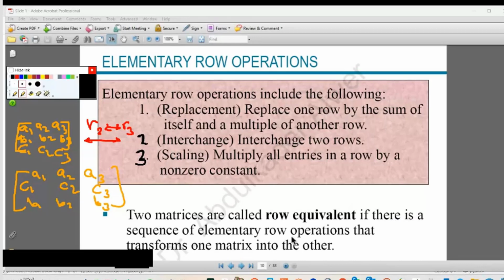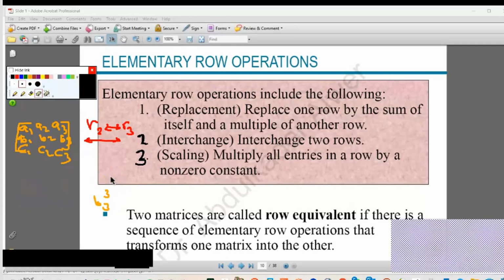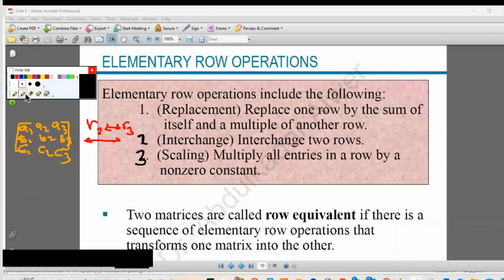Same question for scaling. How can I write scaling? Multiply all entries in a row by a non-zero constant, for example R3.